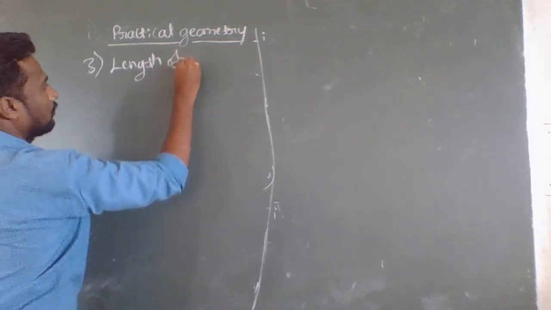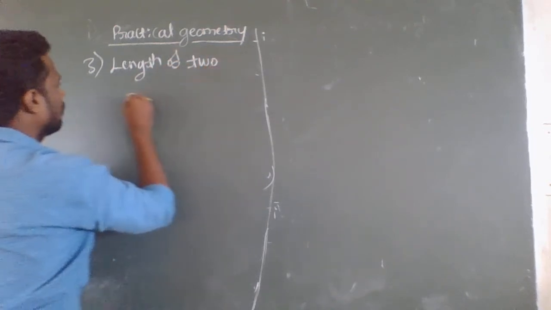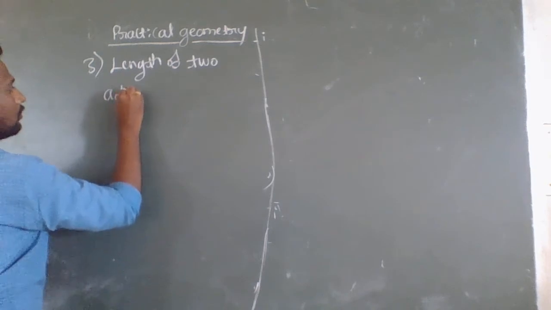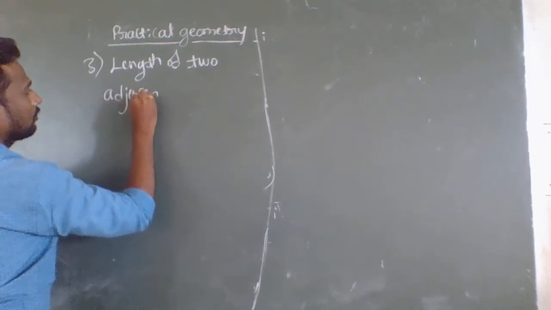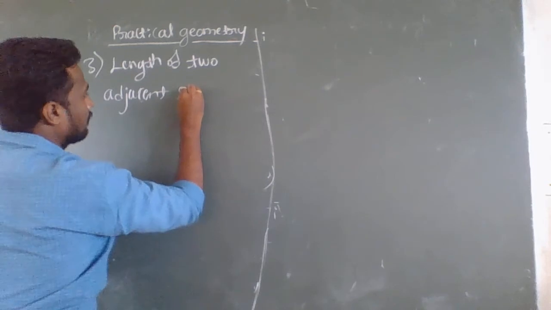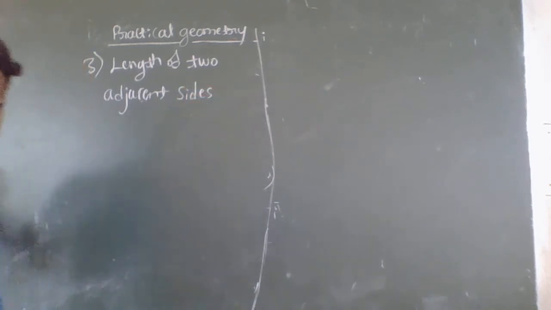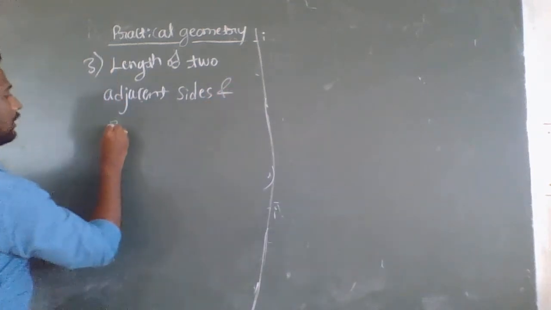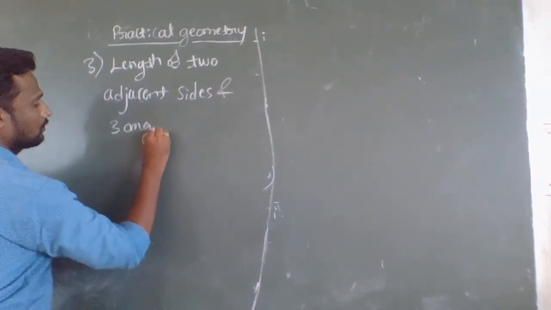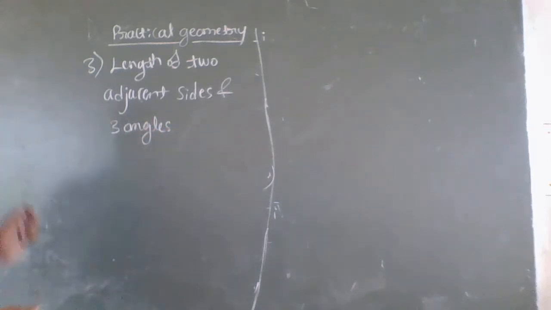Length of two adjacent sides and three angles. In this example they have given the length of only two sides which are adjacent, and the size of three angles.